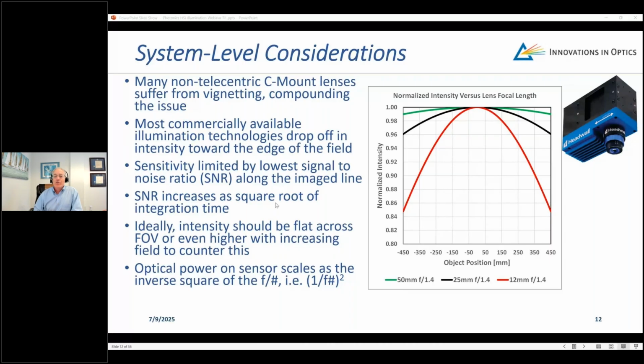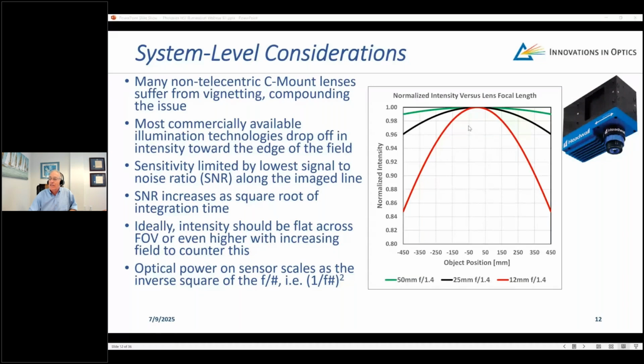The other way you can increase the signal noise ratio is by integrating longer, but because to get a doubling of the signal noise ratio requires 4 times the integration time, that's a big hit on the speed of the conveyor belt. So there's really no making up for having more light.